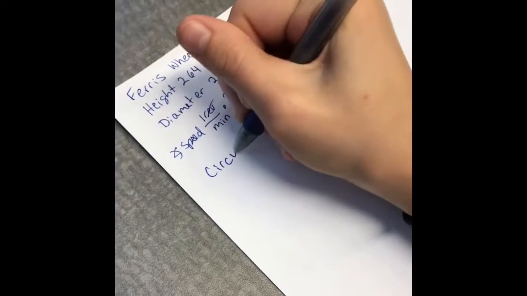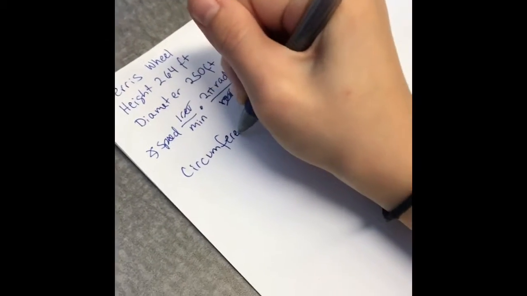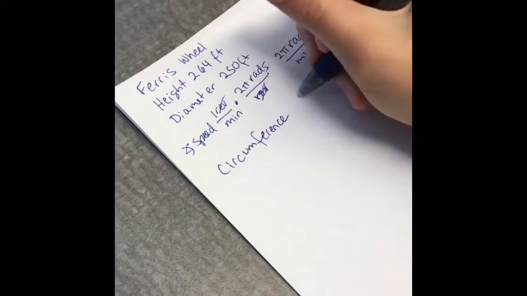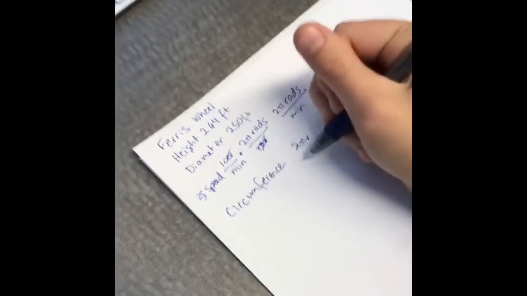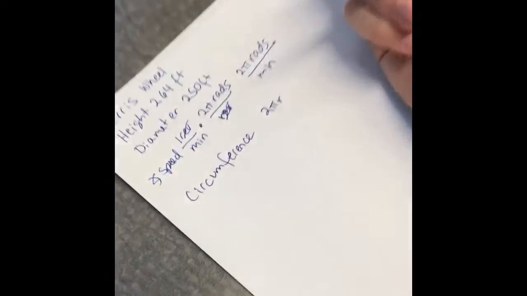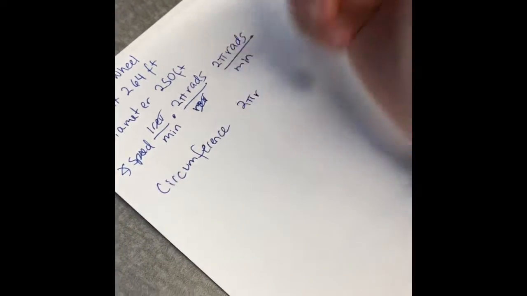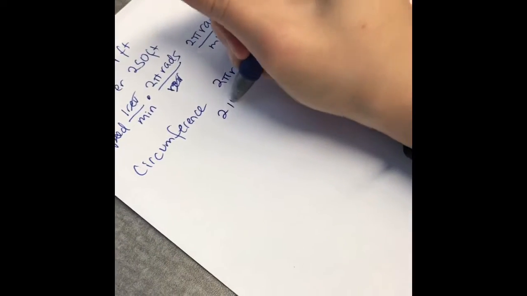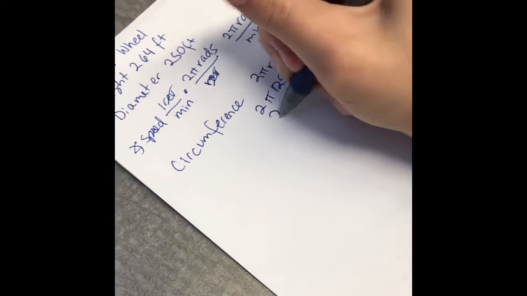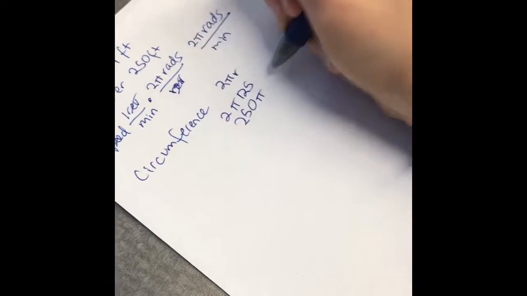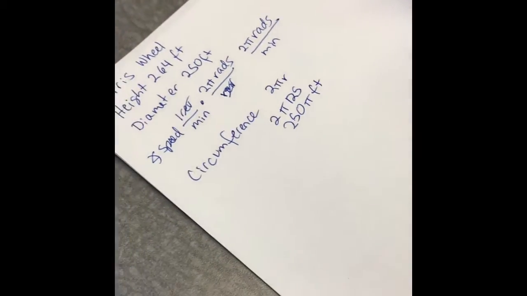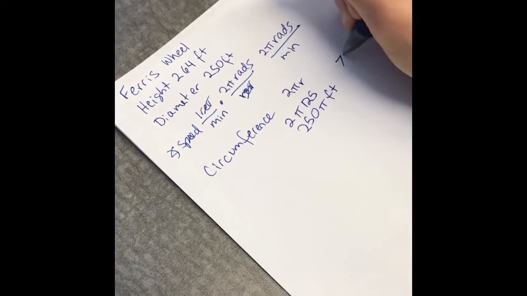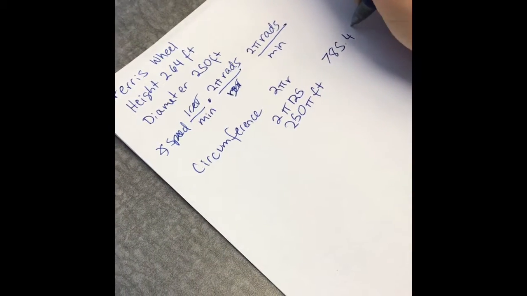Next, we'll find the circumference. The circumference is 2 pi r for the formula, and when we input our radius, which is half of the diameter, 125 feet, we get 2 pi times 125 equaling 250 pi feet, which, when calculated out, is 785.4 feet.